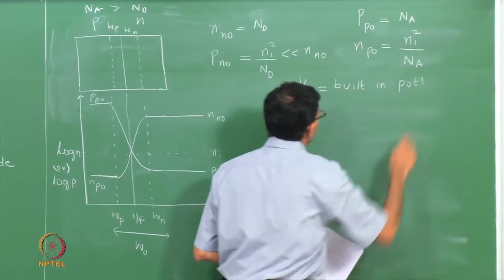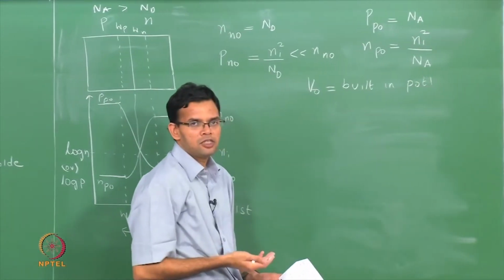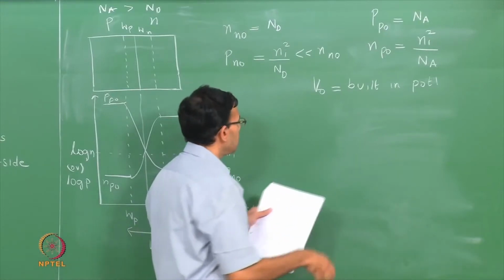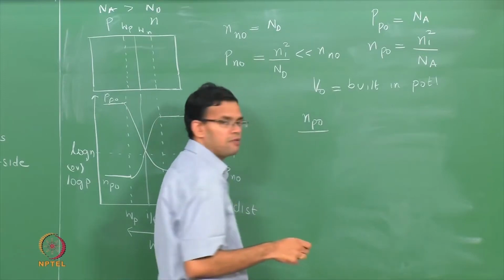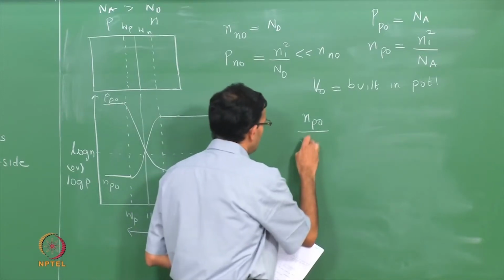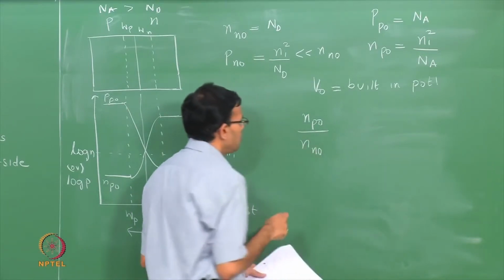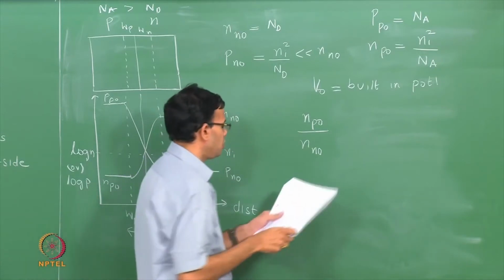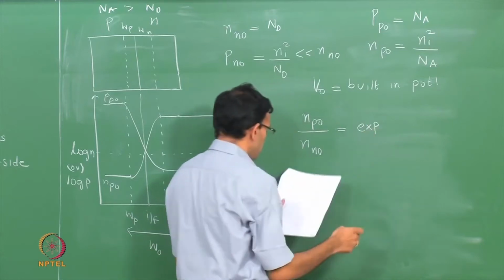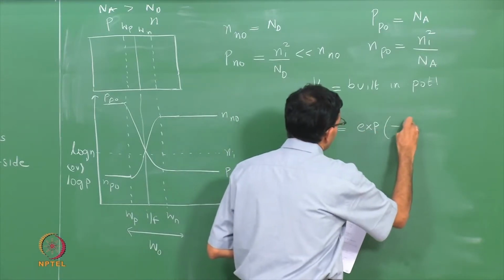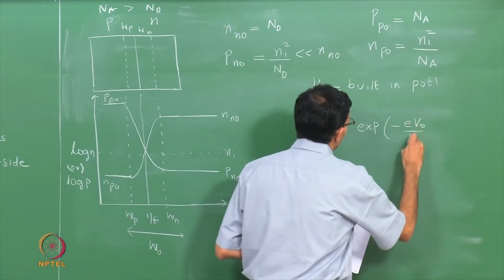it is related to the concentration of electrons on the n and the p side. So, Np0, which is the concentration of electrons in the p side, by Nn0, which is the concentration of electrons on the n side, is equal to exponential minus eV0 over kT.